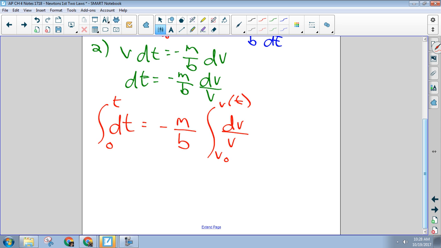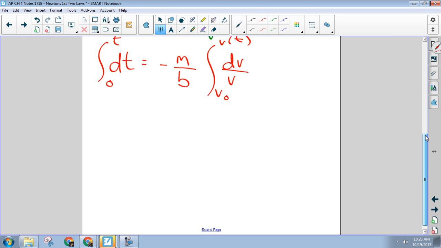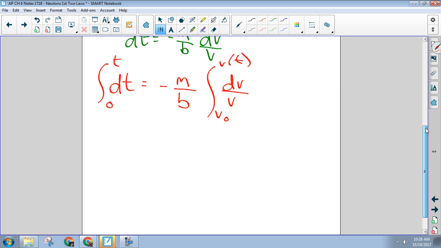So this ends up just being t. From this point forward, I'm basically just going to say that's t. Let me show you why. I'm only going to do this once. This is 1 dt, right? So if you're integrating with respect to t, what's the integral of 1? What thing do you take the derivative of to get 1? t, right?